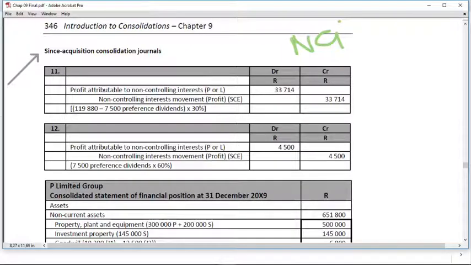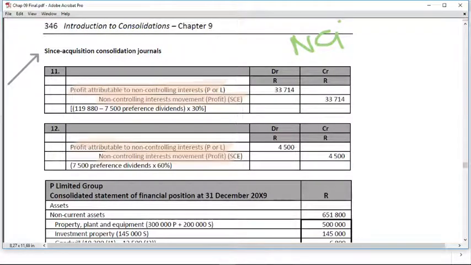The only portion of the retained earnings for the year that you still have to attribute to NCI is the since acquisition date profit. That's why you only have in this example profit attributable to NCI that you increase the NCI balance with, and we have 2 journal entries because we have ordinary share NCI and preference share NCI.